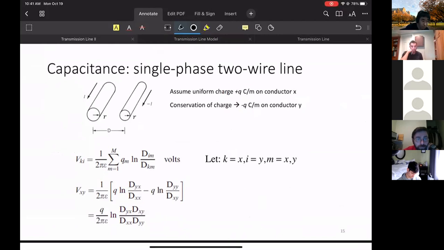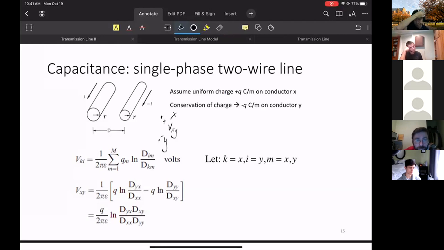The picture here is that at some point that's X, and at some point that's Y away, I want to calculate Vxy. I want to compute this voltage when there are two conductors carrying equal and opposite current.